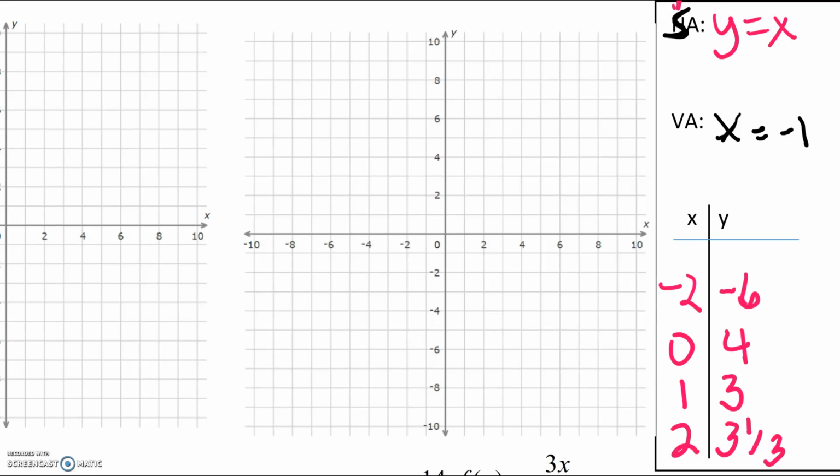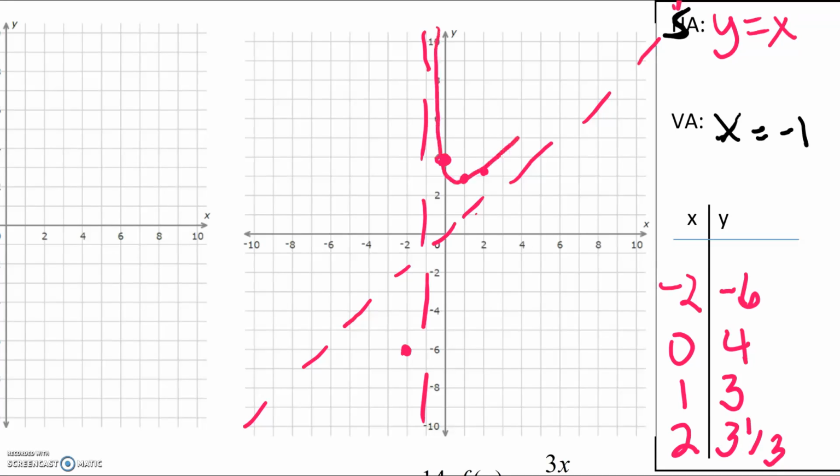If you're working on this together, that's okay, but remember, don't copy. So I'm going to start by putting my asymptotes on the graph. There's one at -1 for vertical, and I have a slant asymptote at y equals x. I do have my points, so I'm going to go over to -2 and go down to -6. I have (0, 4), (1, 3), and (2, 3 and a third).